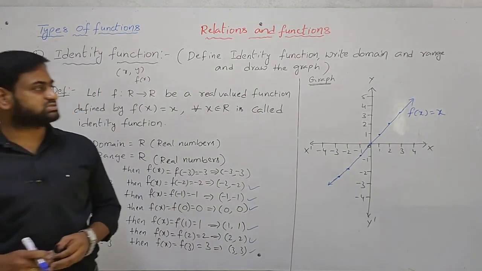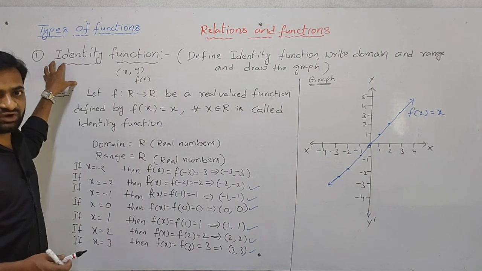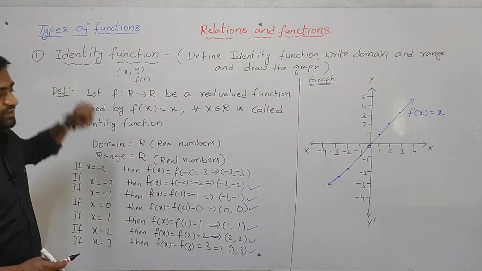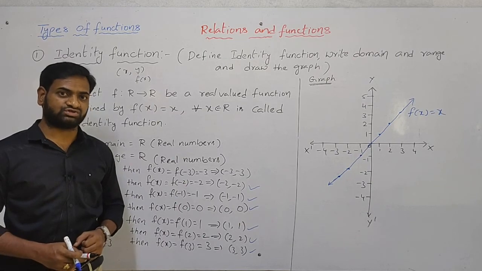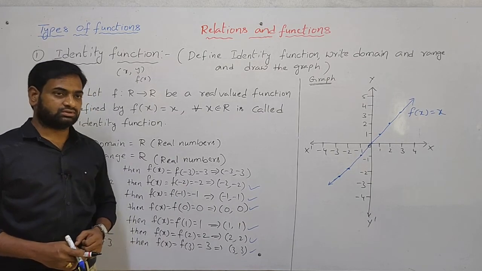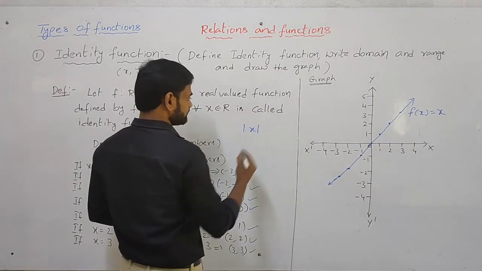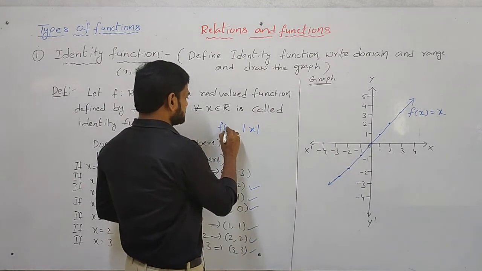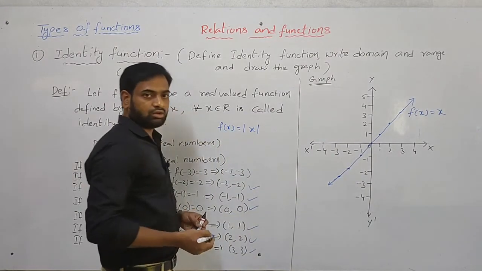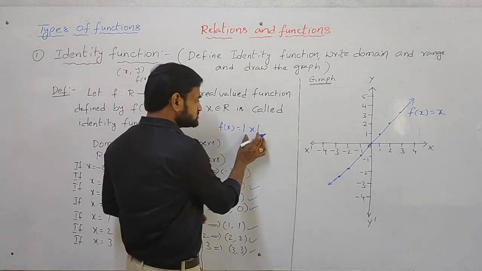Next, after this one, next graph, or next function, is modulus function. Modulus function is mod x. So f of x equal to mod x is called modulus function. Here, what is the use of this one?